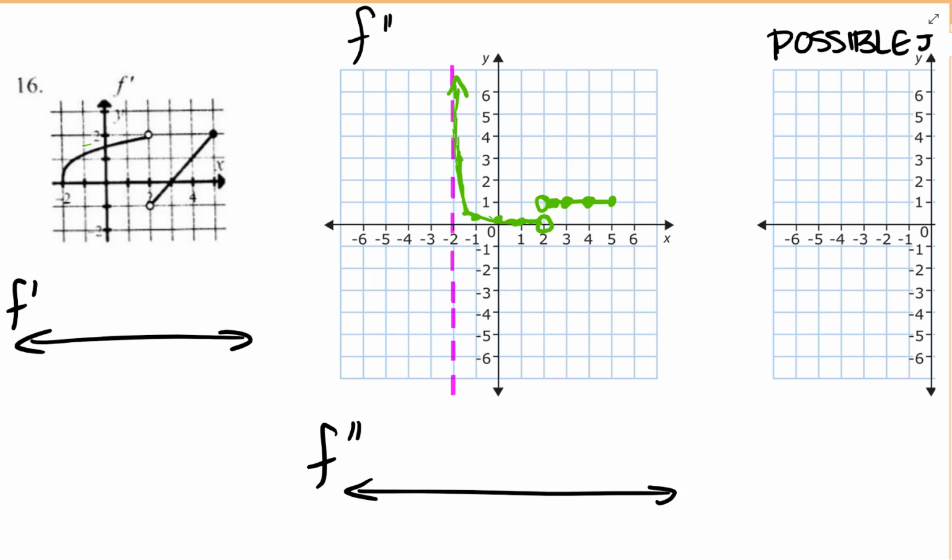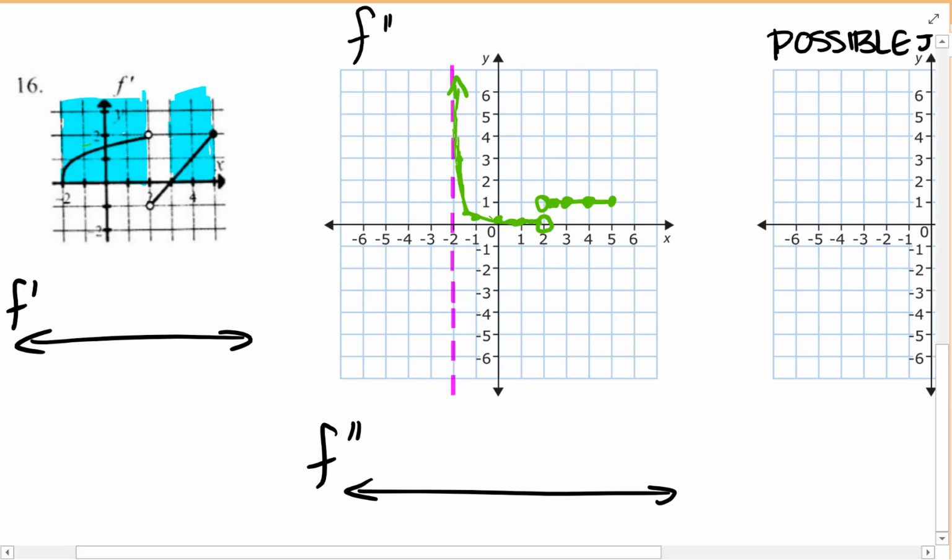To create my f prime and f prime prime number lines, I need to note any breaks in the domain and the positive and negative values. So f prime is positive from -2 on the interval -2 to +2. On the interval 3 to 5, we are also positive, above the x-axis.